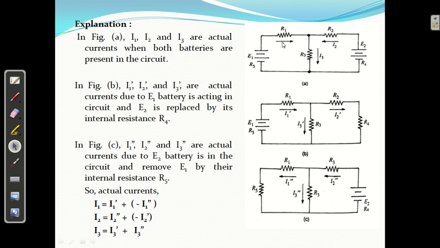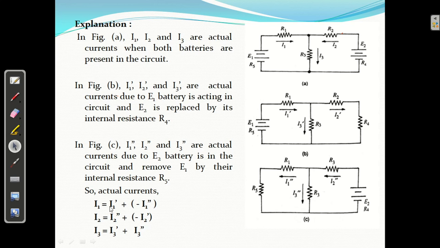And then the total actual current I1 we have to find. I1 equals what? Just see, I1 and I1 dash have the same direction, so I1 equals I1 dash plus the other source's I1 double dash, but the direction of I1 double dash is opposite to this, so minus. So the actual current equals the sum of all the currents flowing through that branch when we consider one source at a time and remove other sources by their internal resistance, if any.